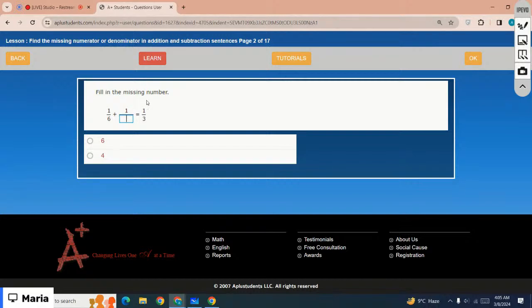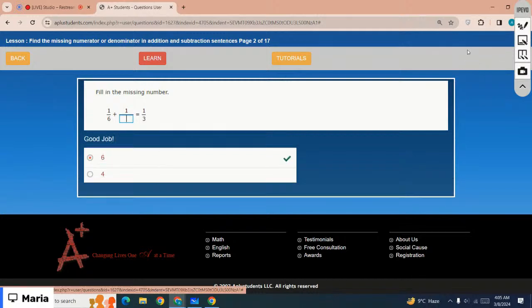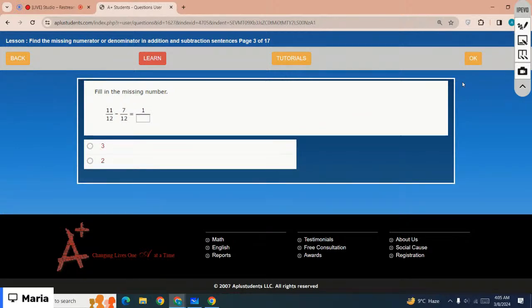That's the one we just did in the tutorial. So 1 over 6 plus 1 over 6 equals 1 over 3, right? Okay, the next one is 11 over 12 minus 7 over 12 equals 1 over the missing number, which is the correct option, 3 or 2?